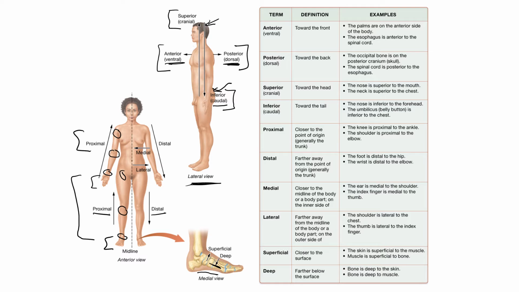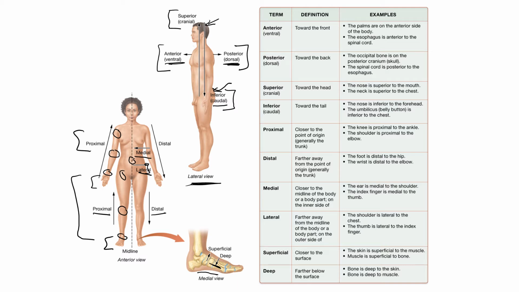Some other terms that are used are medial and lateral. Lateral means more to the side, and medial means more towards the midline of the body. So say for instance, the belly button here, the umbilicus, is right on the midline, so it's more medial than the hip over here.